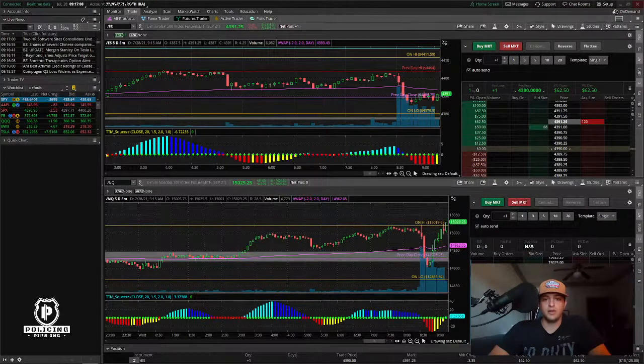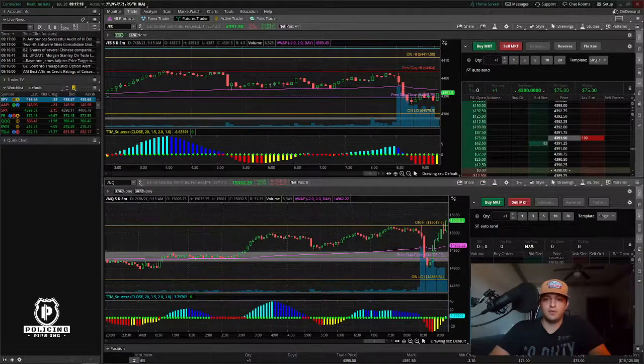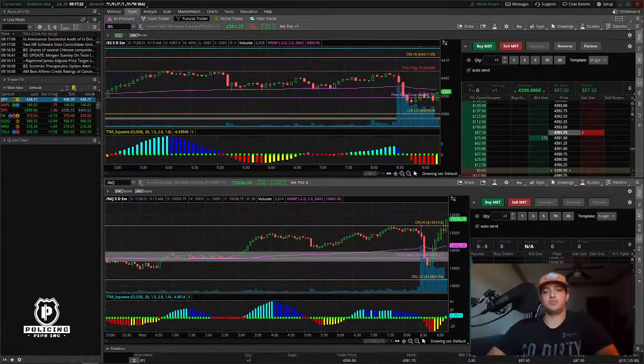There we go. We finally got to move up a bit. Hopefully I can trail the stop up, catch up to 94. There we go. At least I have my stop loss in my screen now that I can push it up.